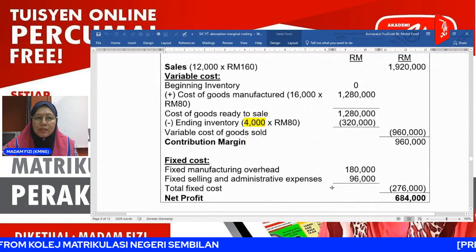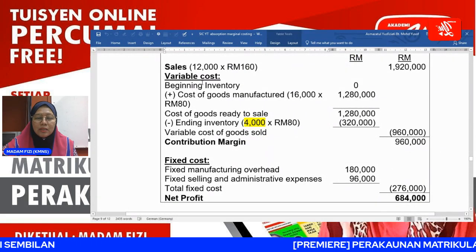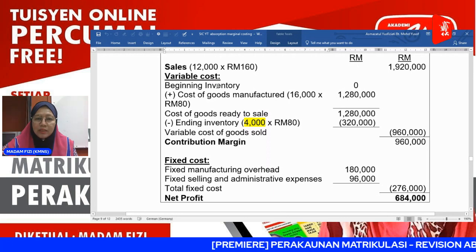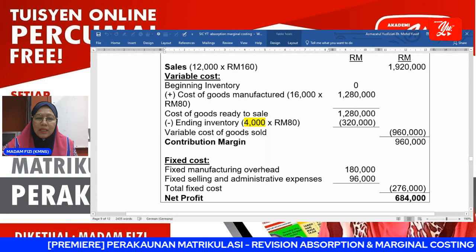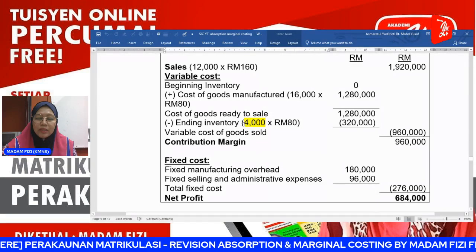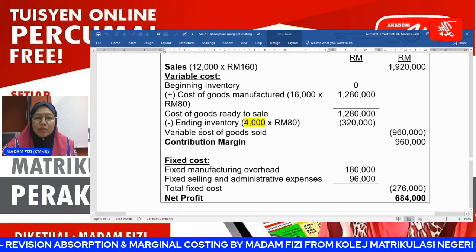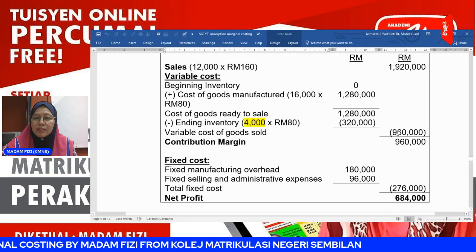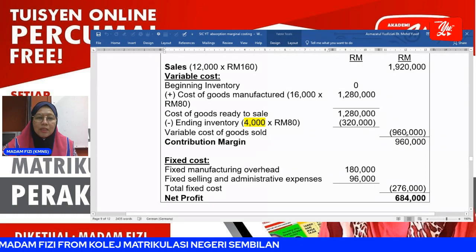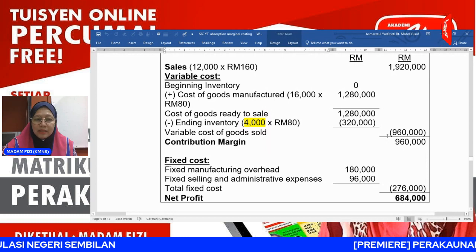Now we look at the marginal costing. Okay. Sales minus the variable cost. The variable cost include beginning inventory kosong, okay, plus cost of good manufactured minus ending inventory. Okay, ending inventory, the unit is 4,000. Just now we calculate. Okay, so you get variable cost of goods sold is 960,000. Okay. Untuk variable sales and administration tak ada.